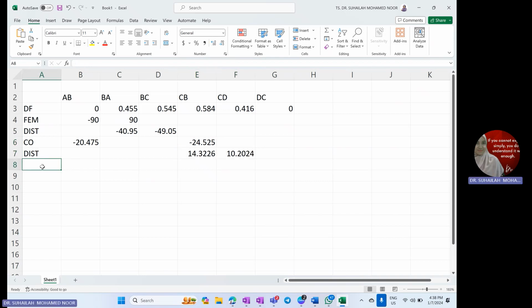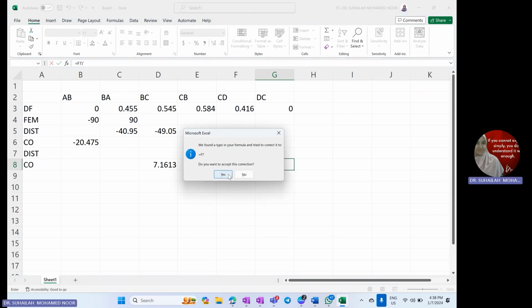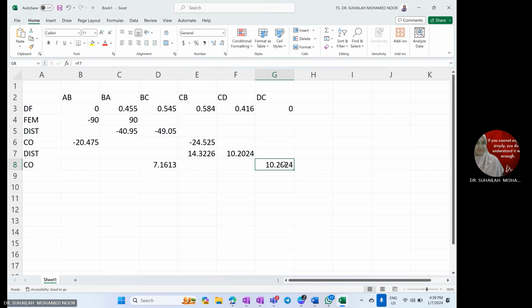Next is carry over, cross the boundary, divide by 2 here, and this one divide by 2. Then we continue distribution.